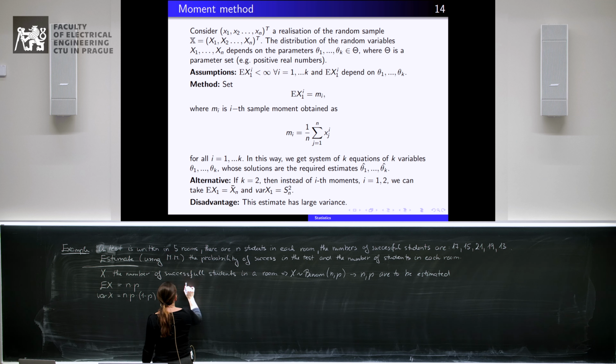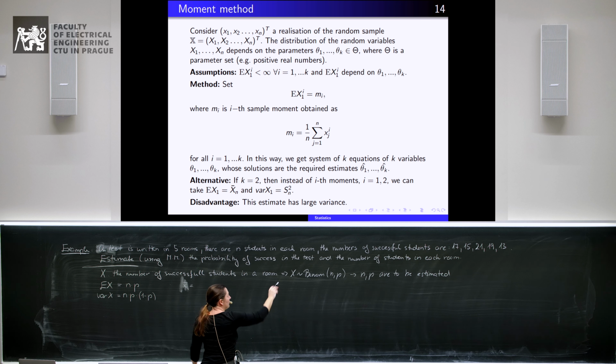And we can estimate the expected value as, now I should write the small x, the average of our values.